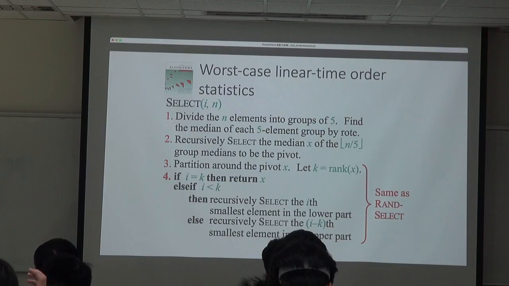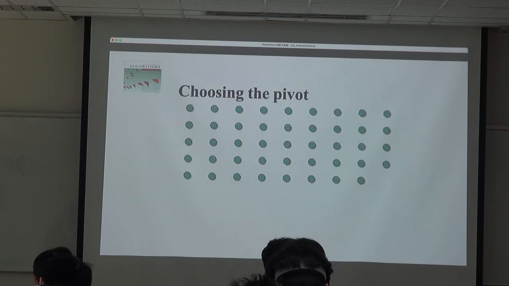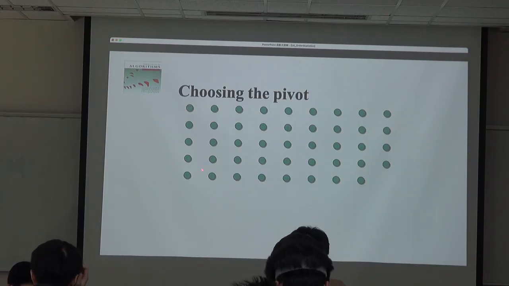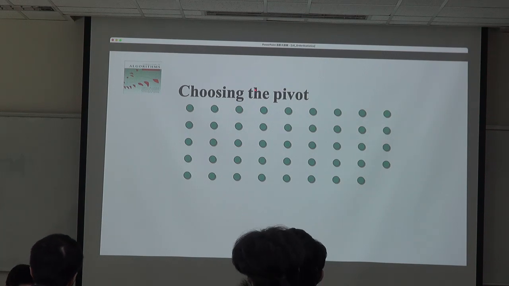So why do the first 2 steps make the difference? Let me first use the figure to show what we are doing. We have a bunch of numbers, and we break them into groups of 5.